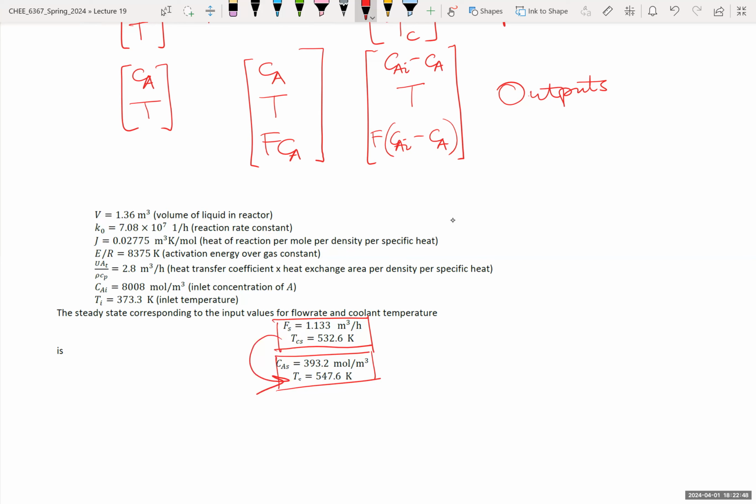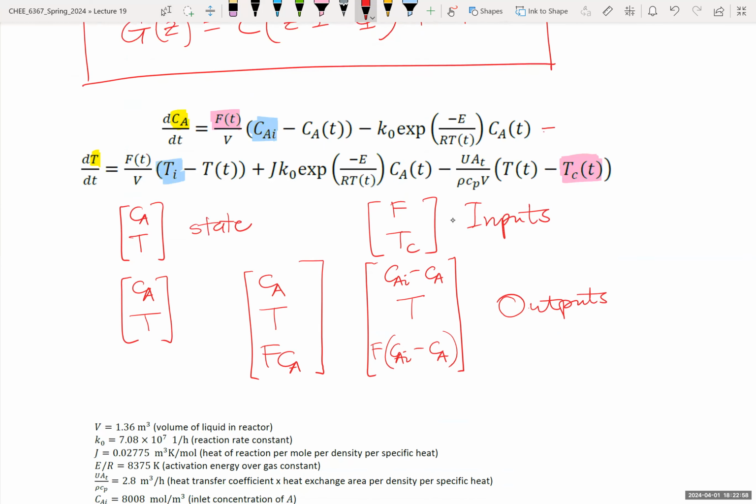Fine. What do you do after that? You can linearize your system around the steady state. So how does linearization work? Well, this first equation is F1 of the states, which are CA and T, and the inputs, which are F and TC.